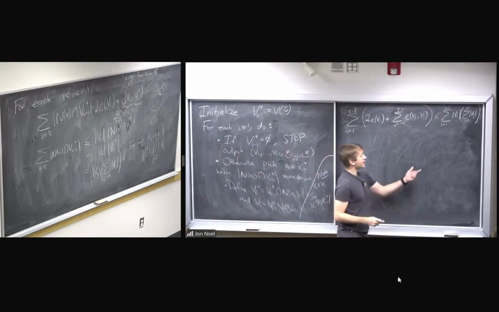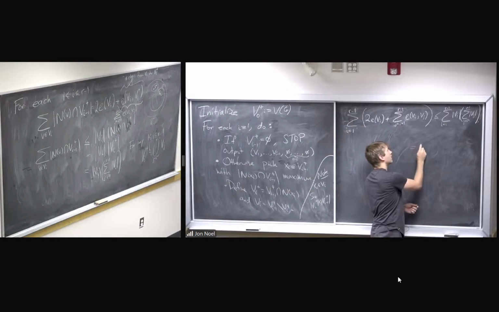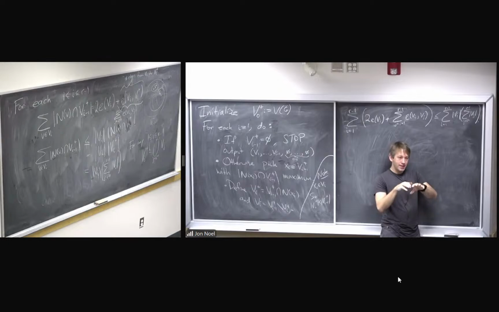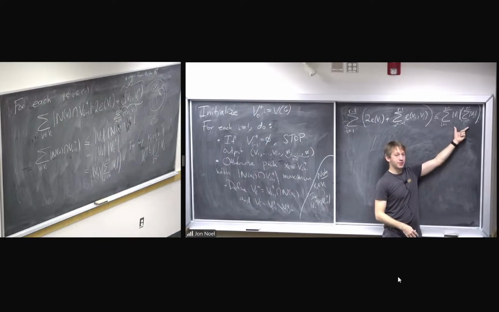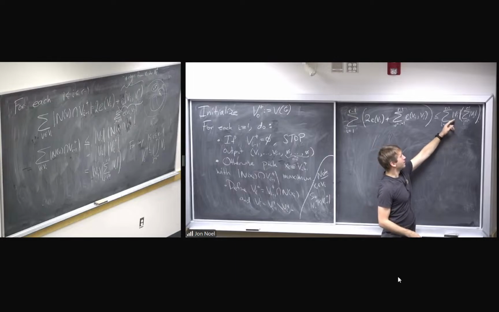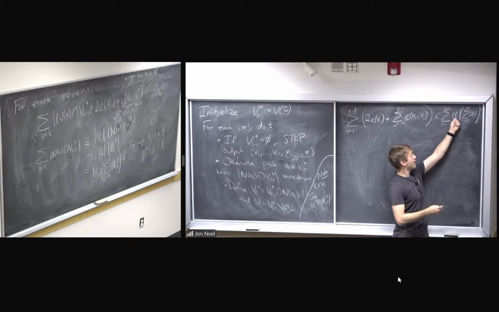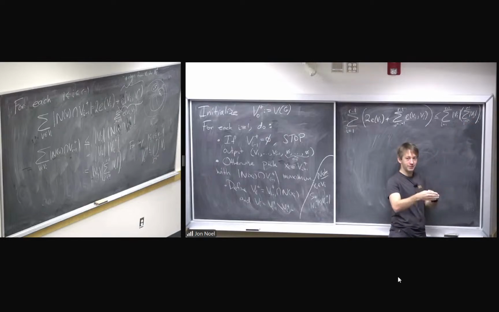The right-hand side is just the sum over all i. If I take the parts V1 up to Vr minus 1 and put a complete multipartite graph between them, this is how many edges you would get. You'd have edges from the first part to the second, and the first to the third: V1 times V2 such edges for the first to the second, V1 times V3 for the first to the third, and so on.